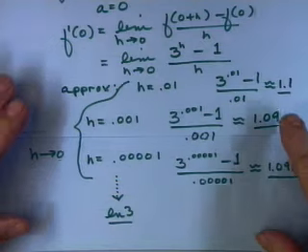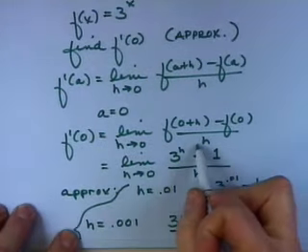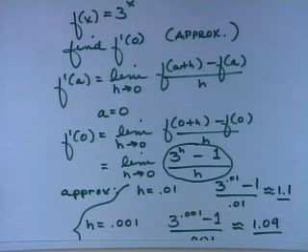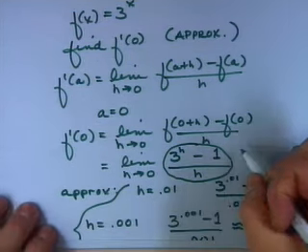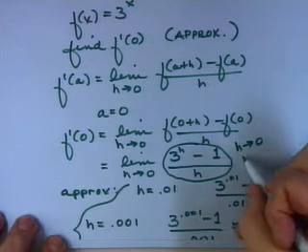Is that what we wanted it to be? Is that the f prime of 0? Weren't we simplifying this thing right here? That was our answer. We took the limit, kind of. I mean, we did it by approximating and letting h approach smaller and smaller values.